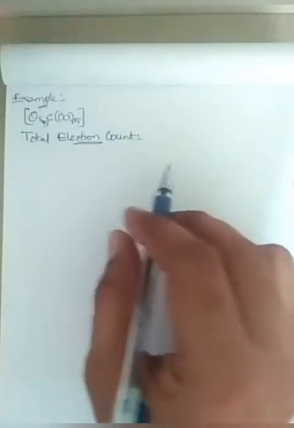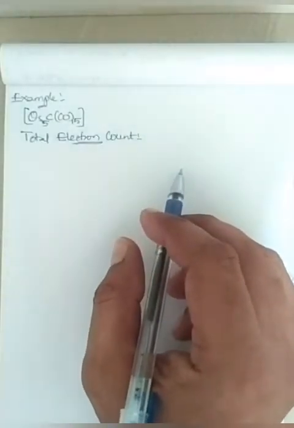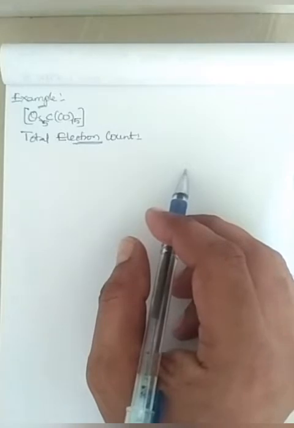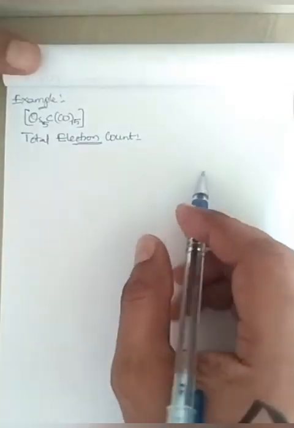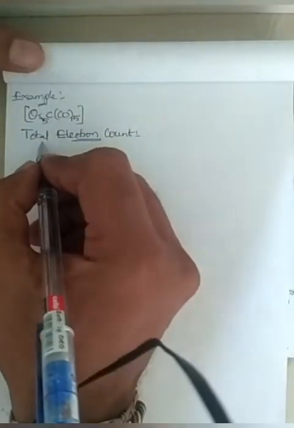To define the structure of the 15 carbonyl carbon pentaosmium cluster, we are going to calculate the total electron count.